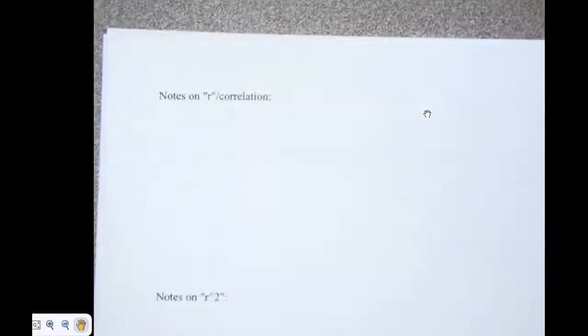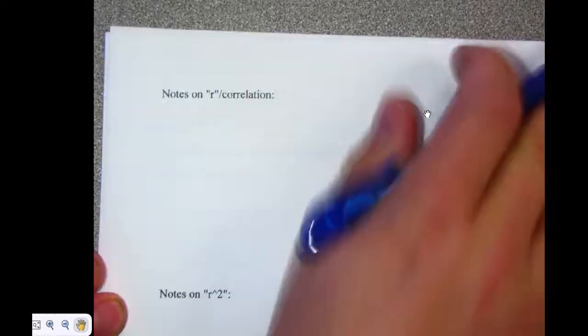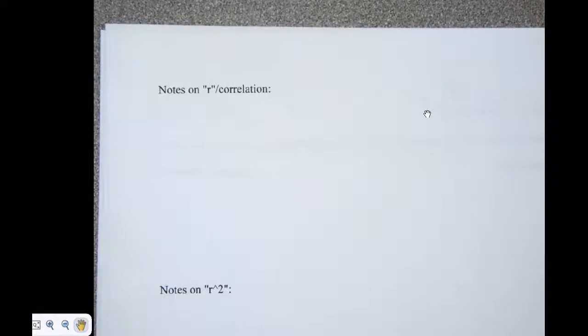Okay, so in your packet, there are these 3 examples in the front. If you go to the back, there are notes on each thing we have to know. The first thing on there is notes on R. So R is correlation. One of the hard things about this chapter is you're going to have R, which is correlation, R squared, which doesn't really have another word, it's just R squared, and residuals.